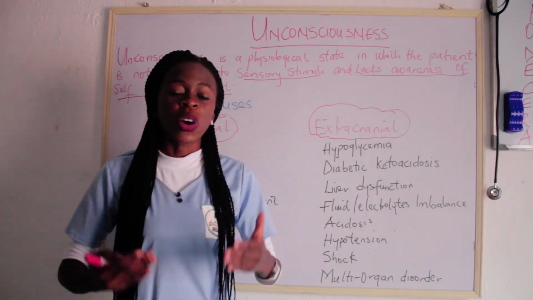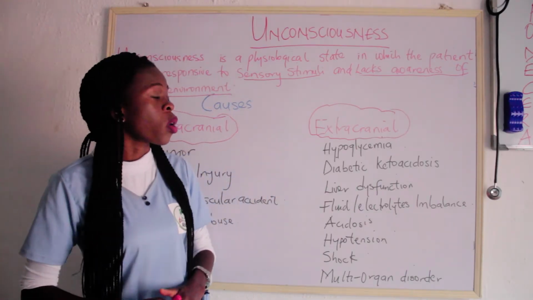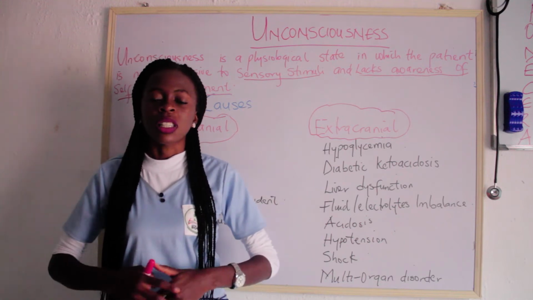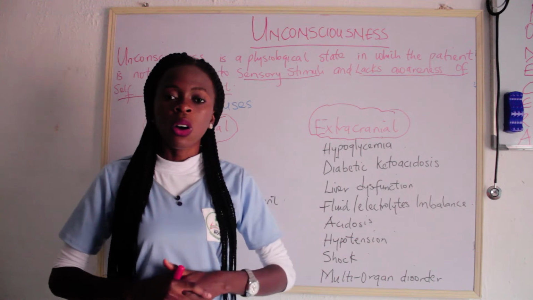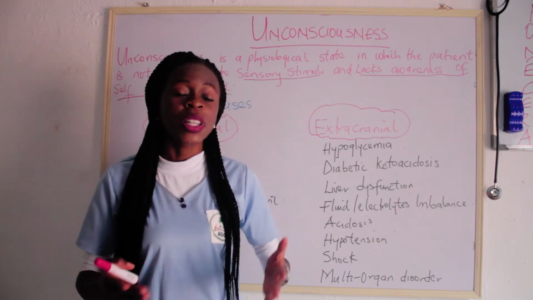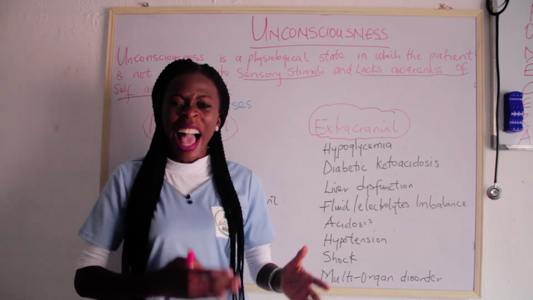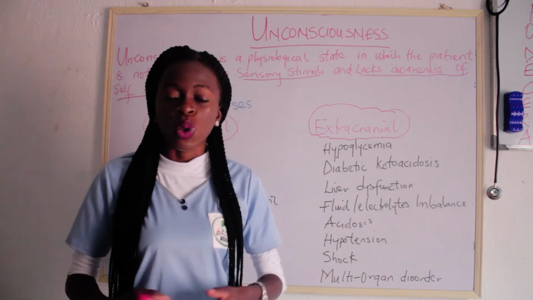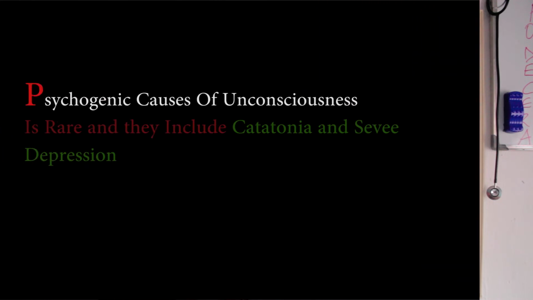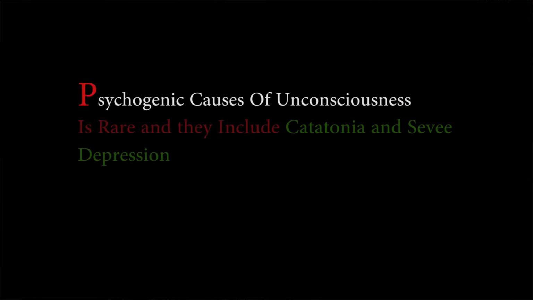These are extracranial causes that can result in unconsciousness. We also have the psychogenic causes, but the psychogenic causes are rare compared to the intracranial and the extracranial causes. The psychogenic causes could be as a result of catatonia or severe depression.